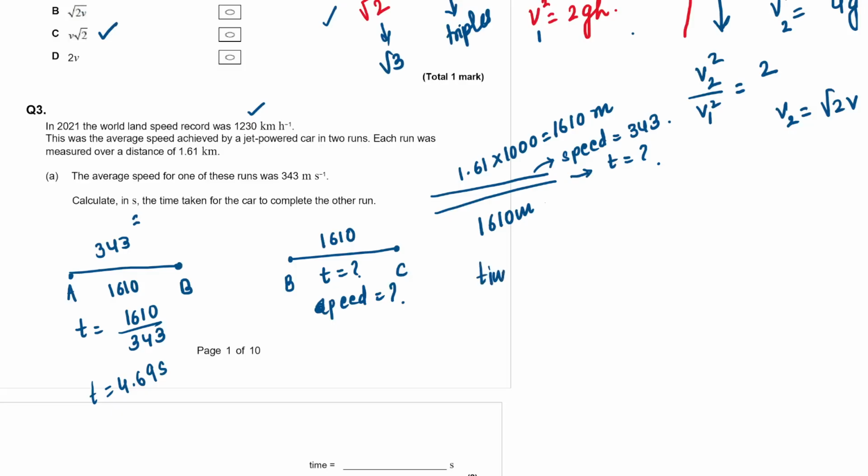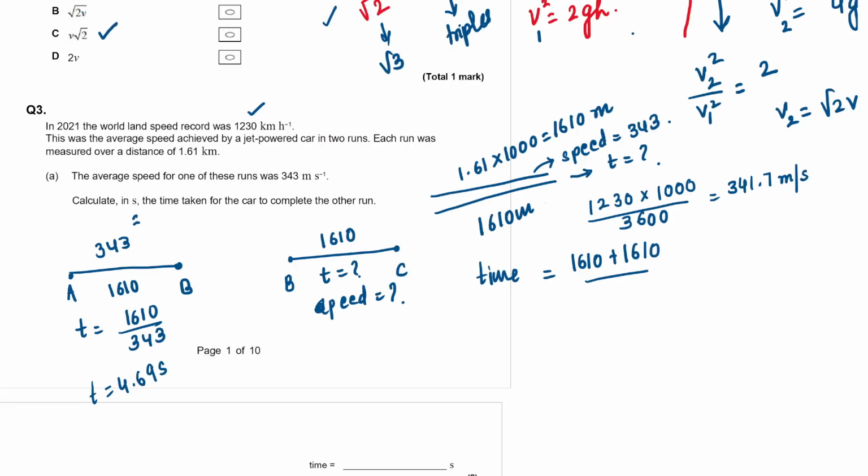The total distance traveled is 1610 plus, we need to convert 1230 kilometers per hour into meters per second. To convert that, I'm just multiplying it by 1000 to convert it into meters, and then dividing by 3600 to convert it into seconds, which gives me around 341.7 meters per second.